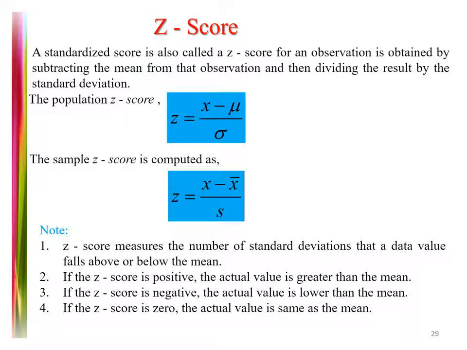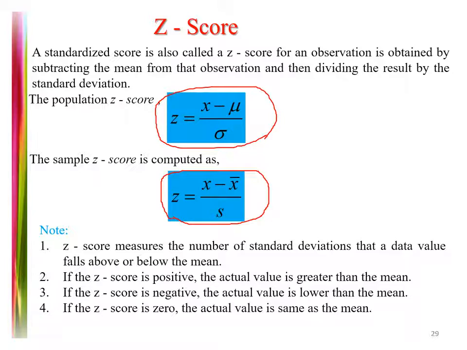Usually we denote it as the z value. In the population case, it is the individual observation minus mu, divided by sigma, the population standard deviation. In the sample case, it is x minus x bar divided by s. That means the individual observation minus the sample mean, divided by the sample standard deviation.